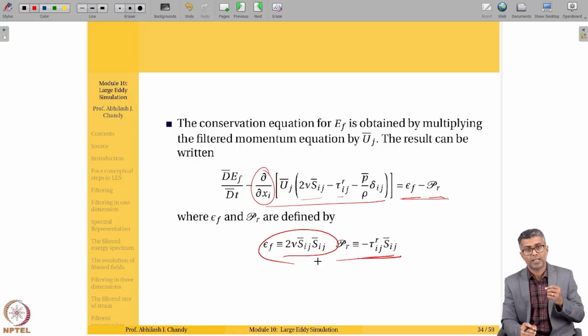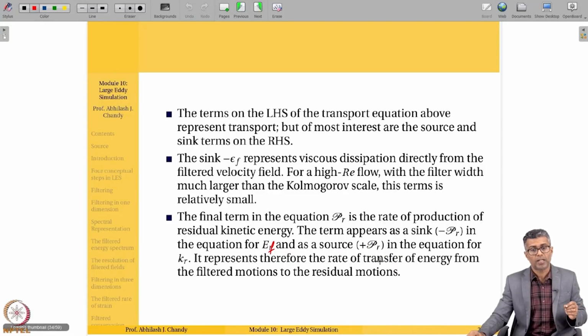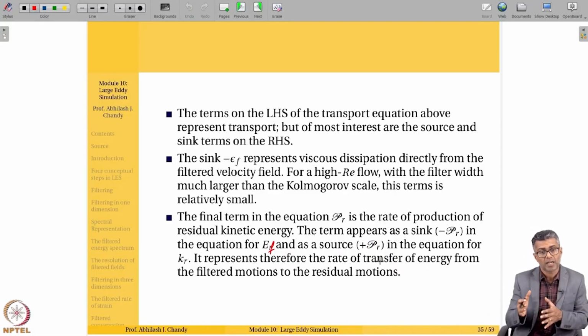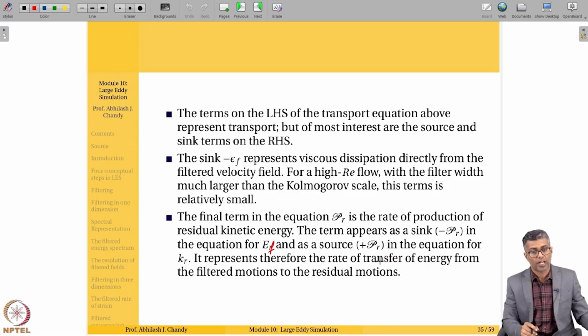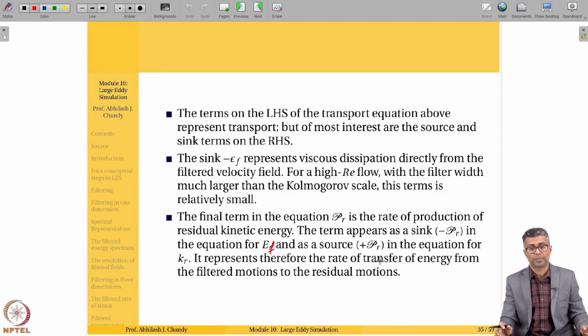Then there is PR, which is minus tau ij superscript r Sij bar. This one can be a sink term in the equation for EF and will be a source term in the equation for Kr. It is the rate at which energy is being transferred from the large scales to the small scales. It is essentially a transfer term.